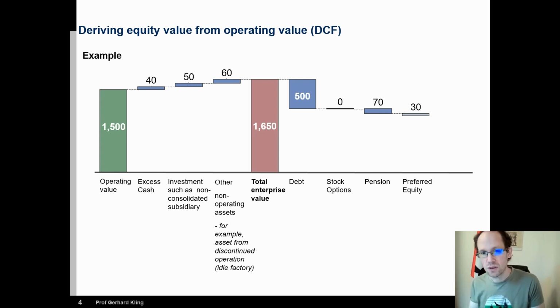stakeholders. Now, of course, we have maybe debt. This is short and long-term debt, which would be deducted, and this comes from your balance sheet. Then you might have some stock options. Stock options are given to executives to enhance their performance for the purpose of alignment. So this goes back to agency theory.